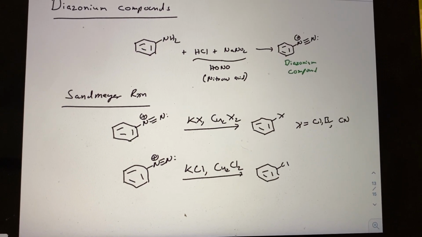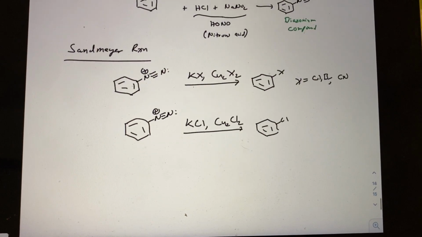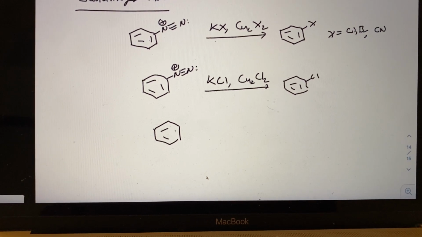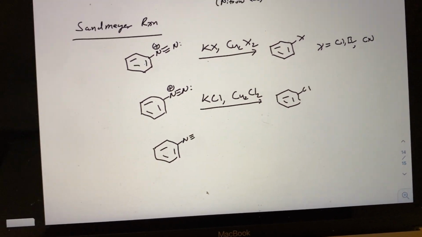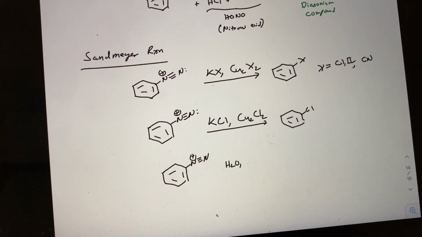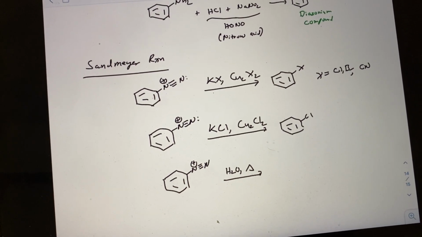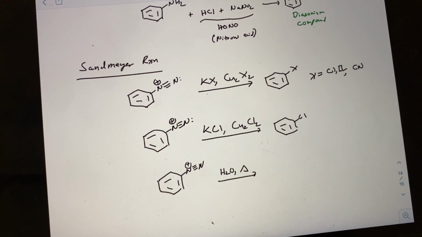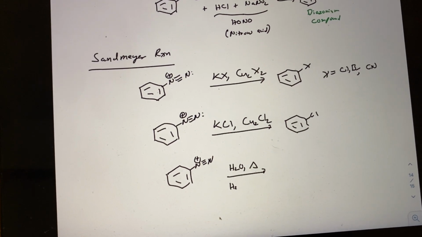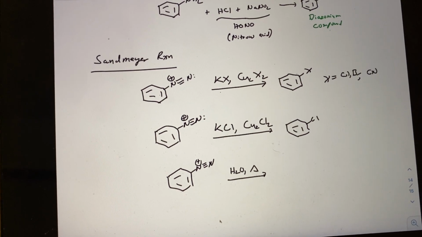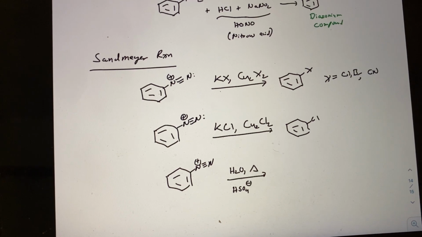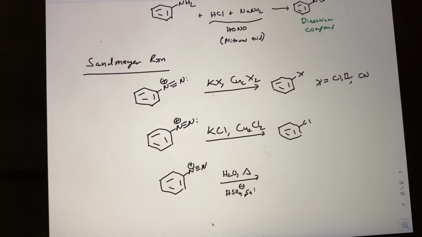So this is, as I mentioned, very, very useful. And one other one is you can take a diazonium compound and treat this with water and heat, and then some sort of usually a salt, like the conjugate base of sulfuric acid as a salt.